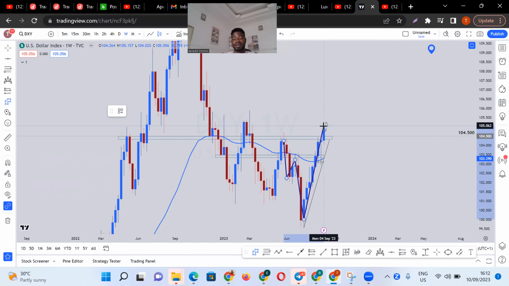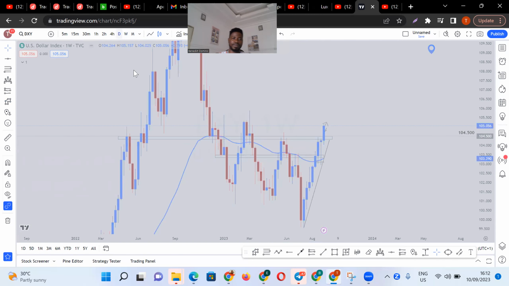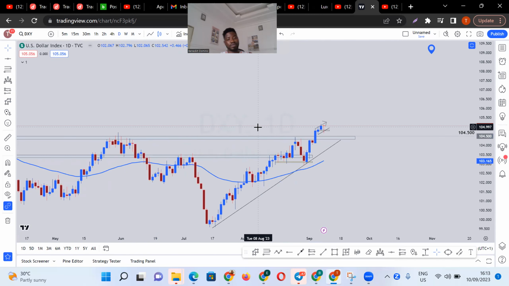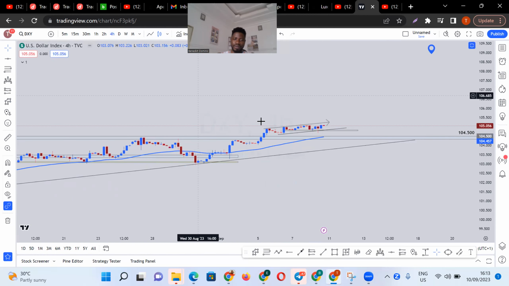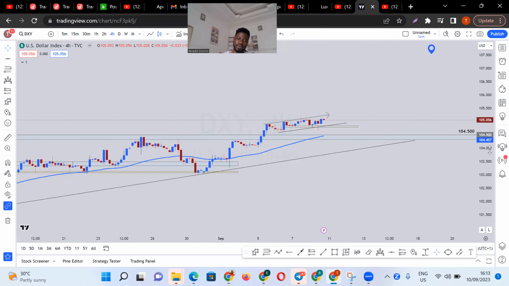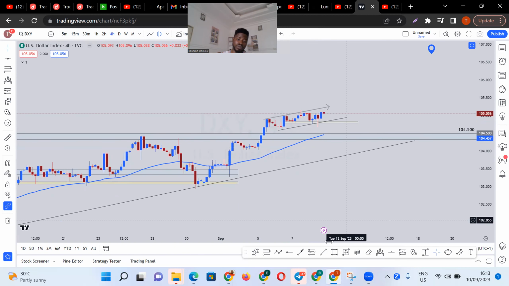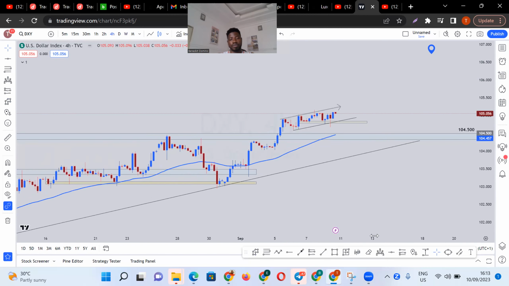So we made higher high right here. So we are bullish. And on daily time frame, we are bullish too. I don't need to show you that. The 4 hour time frame is wonderful, showing us 2 signs, and we are bullish also.